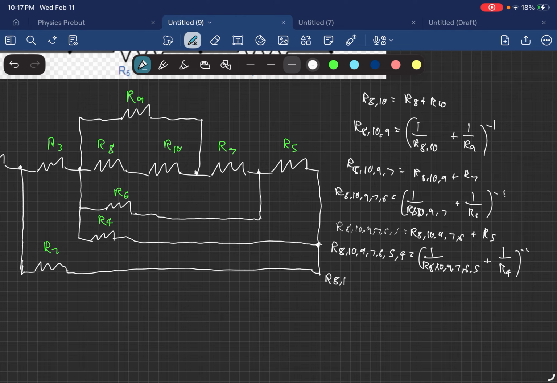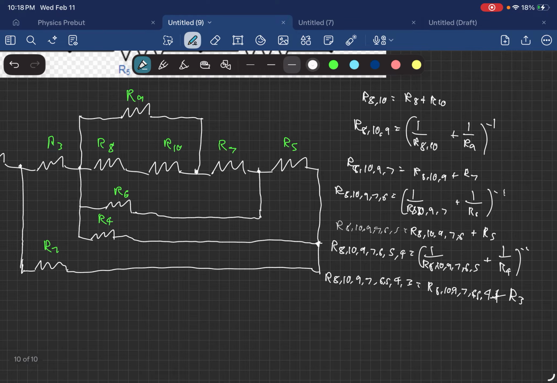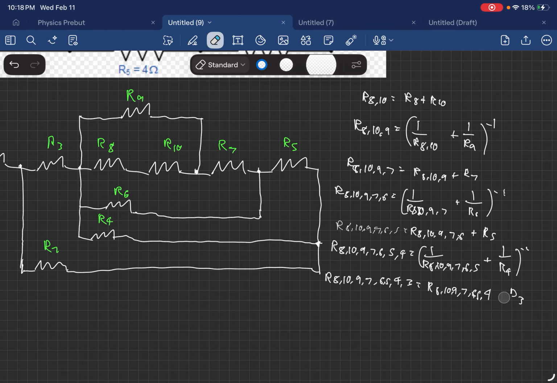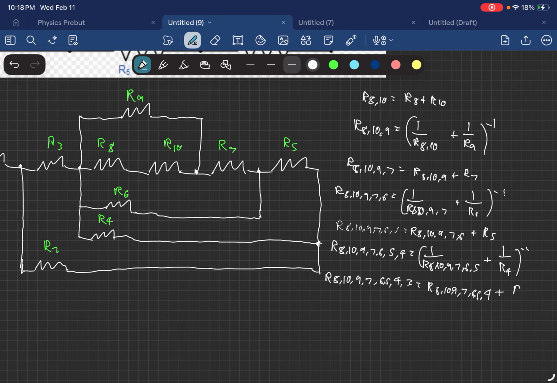So R8,10,9,7,6,5,4,3 equals R8,10,9,7,6,5,4 plus R3. So now you have all of that.